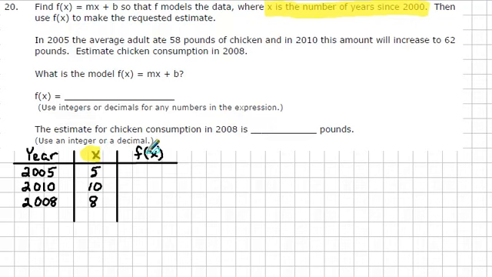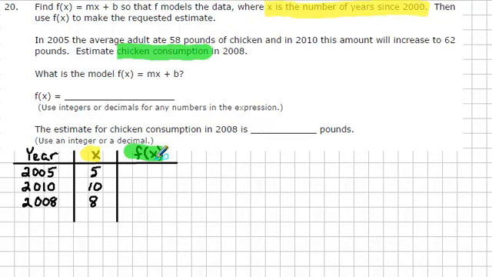X is the input. F of x stands for the output, and as we read through the information, we see that for each year there's a certain amount of consumption of chicken. So f of x is the chicken consumption measured in pounds.